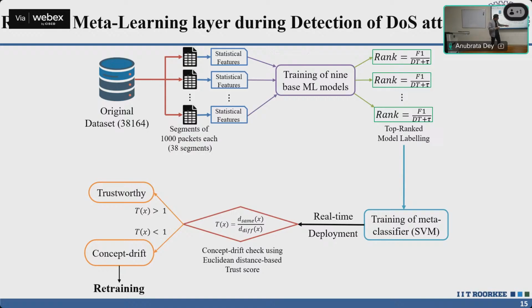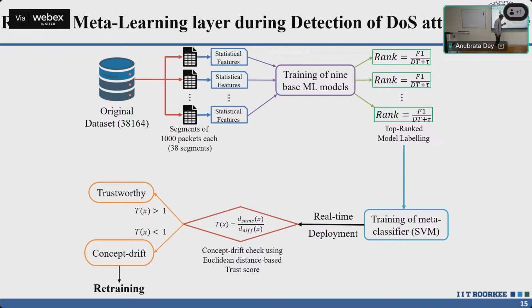So it is going to fit with only one which has the highest rank. That particular value you have to consider, and if that value is within, let's say you calculate some ratio, we can call it the concept drift, which is a ratio of the Euclidean distance between the same classifier and the different classifier.